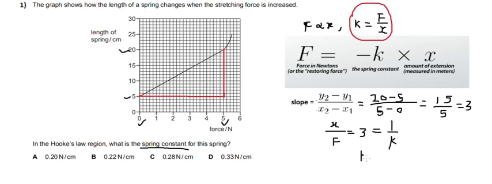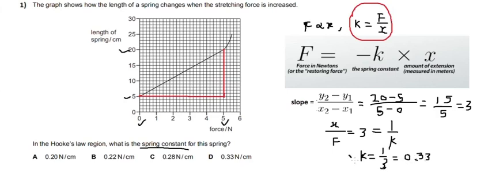So if I take the reciprocal of 3, I will get 1 by 3, which is coming out to be 0.33, with the 3 recurring. We can say recurring 3 or 0.33.